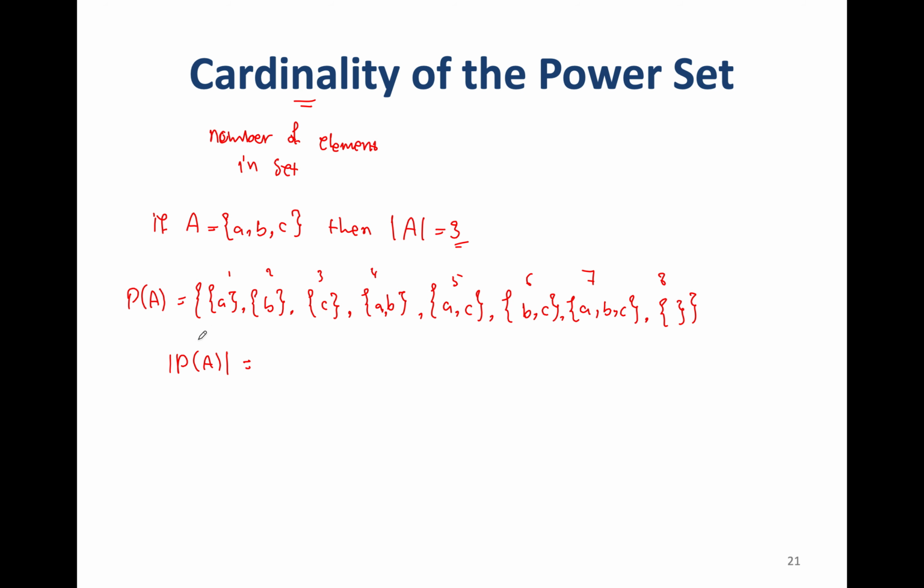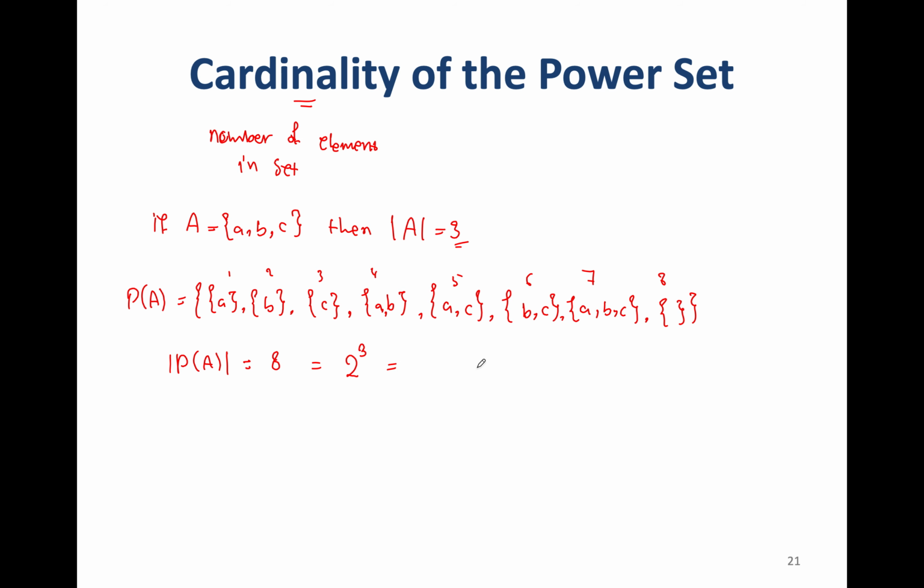So the cardinality of the power set of A is equal to 8. If we try to connect the cardinality of the power set and the cardinality of the set itself, we find that it is equal to 2 to the power 3.